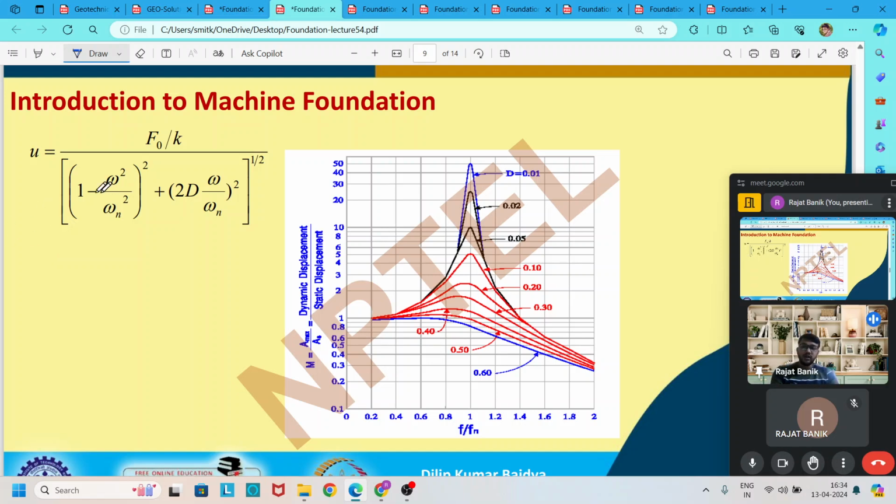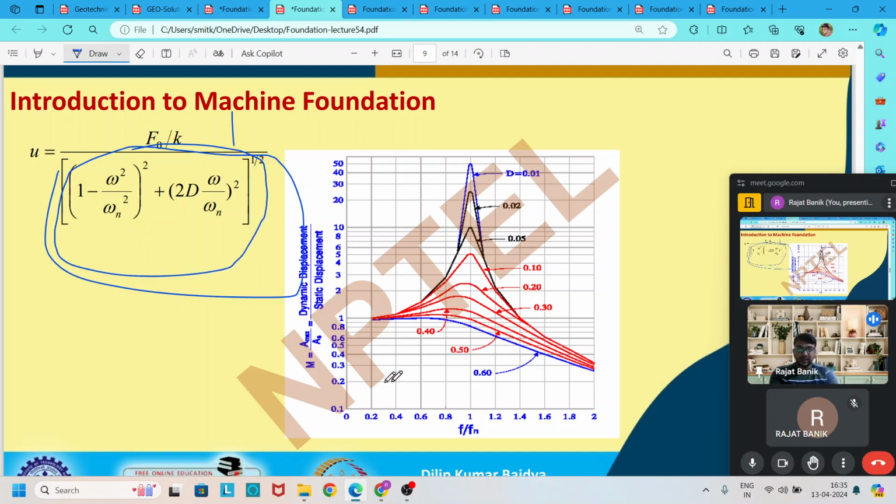So this term, 1 by this term, is nothing but the magnification factor. If we plot this magnification factor versus the frequency ratio, we get this type of plot for a constant force system.